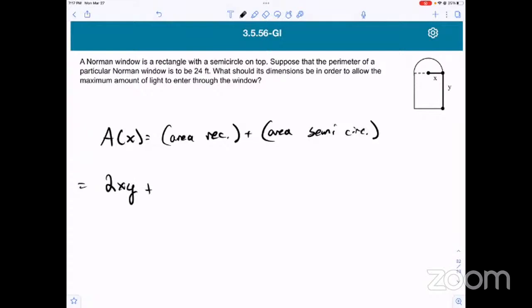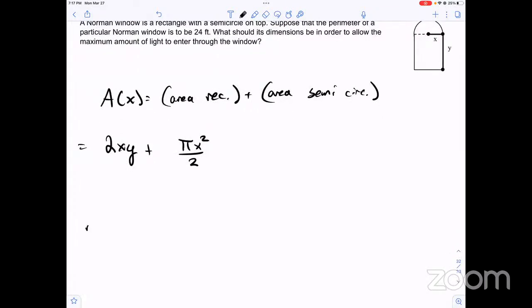And in this case, the r is going to be X. So for right now, again, our goal is to maximize our area. We want to get the area based on X. And right now our area is 2XY plus pi X squared over 2.